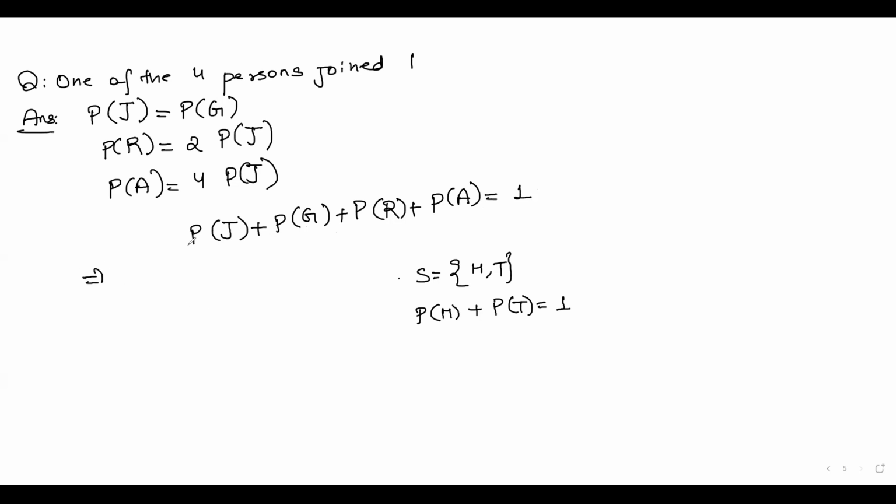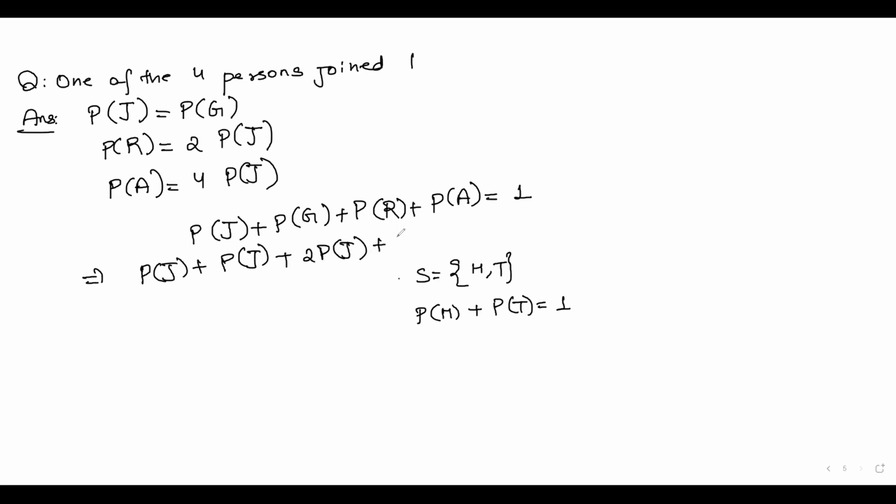What we will do is put every value in terms of any one, so that finally we will get a single answer. For example, here I will write PJ. Now PG is equal to PJ. R for Rita: PR is equal to twice PJ.